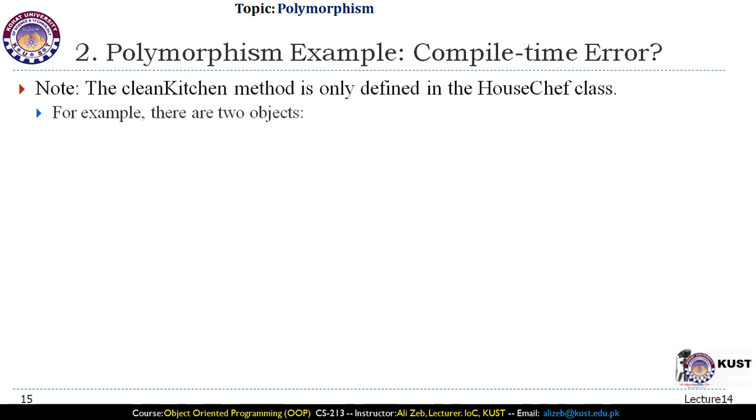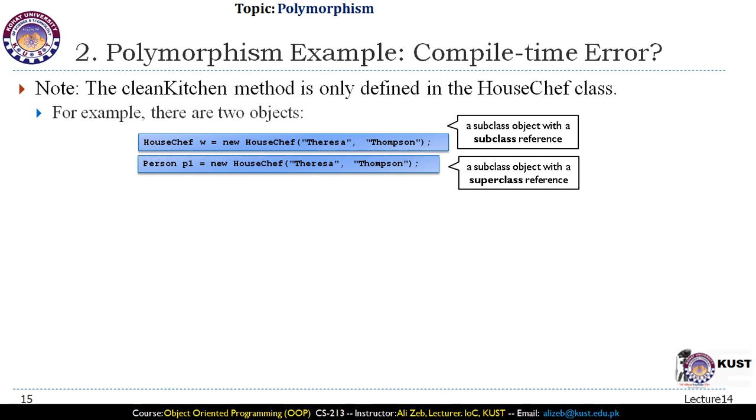And for example, there are two objects: one a subclass object with the subclass reference HouseChef, and another a subclass object with a superclass reference. In this case, we are creating an object of the subclass HouseChef using a reference to the superclass Person, and in the other case we are creating an object for HouseChef using a reference to HouseChef itself.